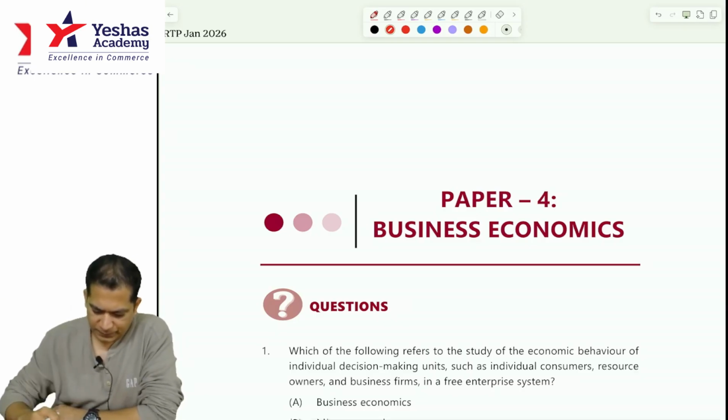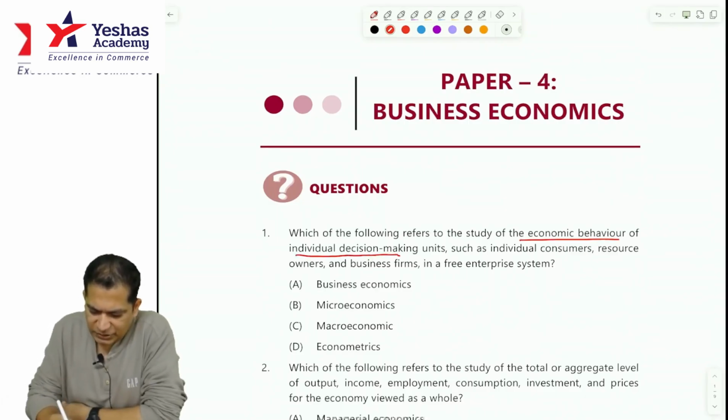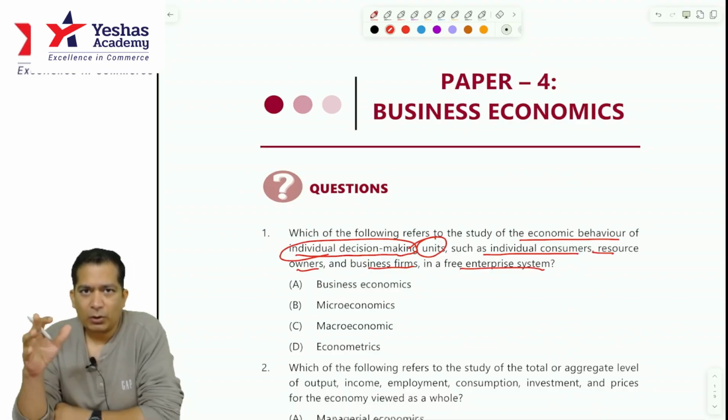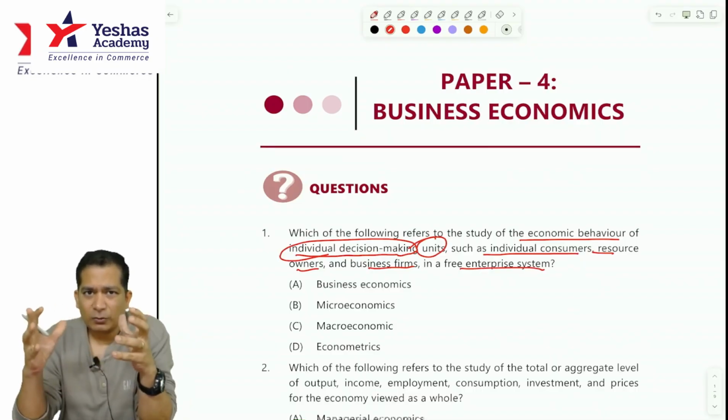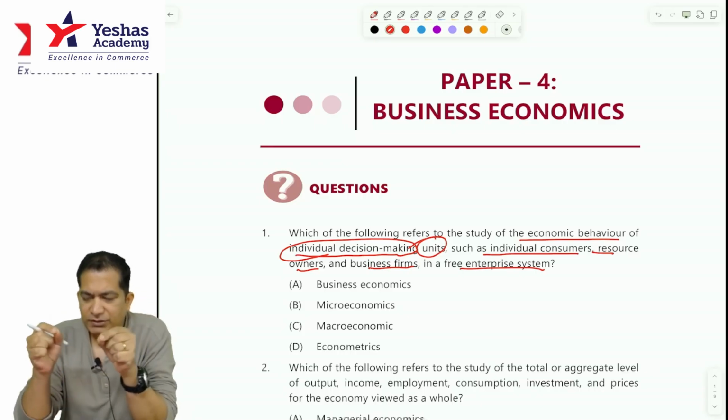The first one: which of the following refers to the study of economic behavior of individual decision-making units, such as individual consumers, resource owners, business firms, and the free enterprise system? It means you're talking about not the entire macro, but an individual or particular decision-making unit.